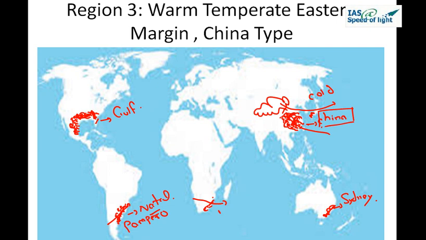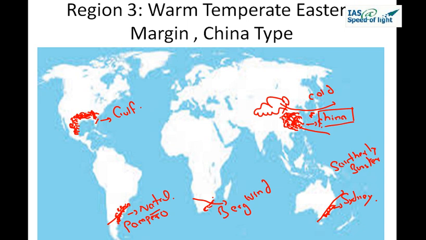In Africa, we get Berg wind. In Australia, we get Southerly Buster. Right? So these are some of the local winds which we need to remember for these margins.